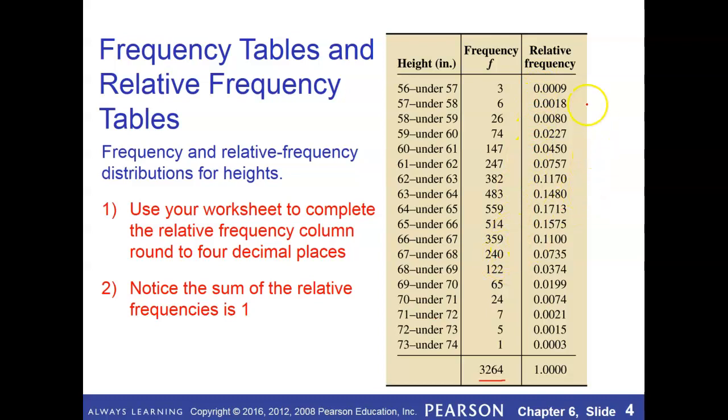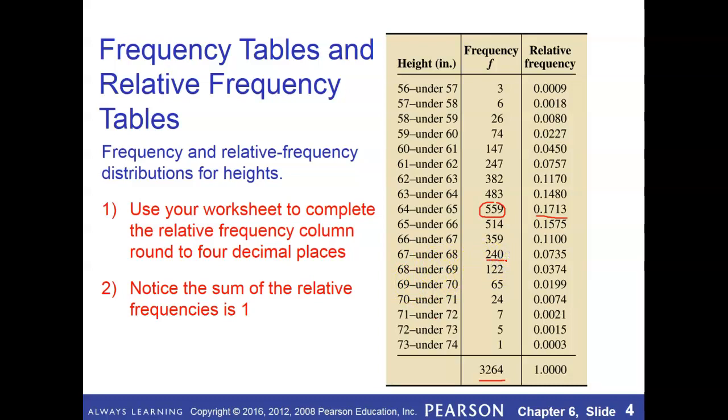And then we have their relative frequencies, and again we get their relative frequencies by taking the frequency divided by the total. So I want to focus on the highest frequency, the largest group here, which is the one at 559 between the heights of 64 and 65 inches, which is about 17.13% of the population. We're going to spend quite a bit of time looking specifically at this one here.